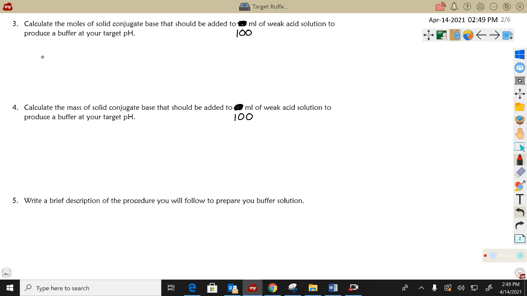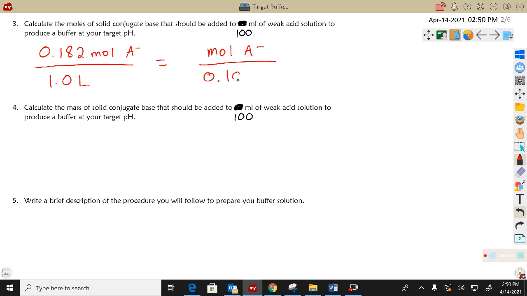So I just calculated 0.182 moles of that base per liter. Well, what if I want to know moles in just 100 milliliters? Or I could say 0.1 liters. Or you could have used 1,000 milliliters as a liter and then 100 milliliters for my solution.